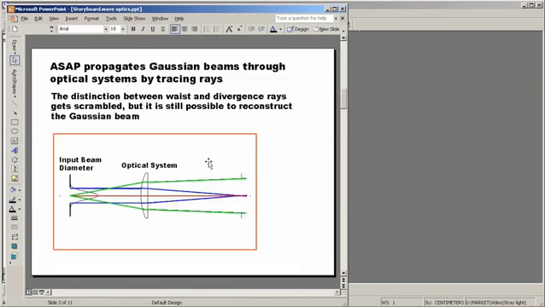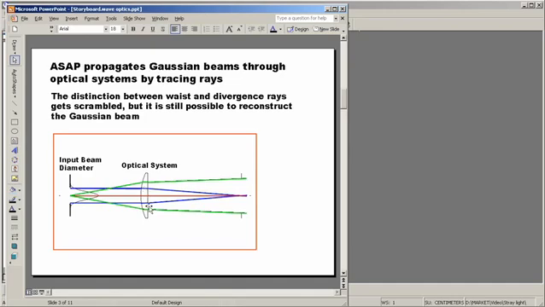Now, as these parabasal rays go through our system, they get all mixed up. That is to say, what was the waist ray and what was the divergence ray gets mixed together in some very complicated way. It turns out, nevertheless, that there are mathematical descriptions that allow us to combine these rays together at any plane to tell us what the actual Gaussian is doing. The actual identification of a waist and divergence ray is not necessary.